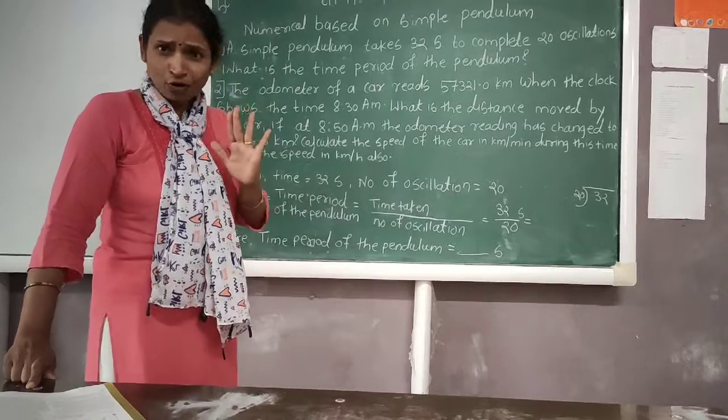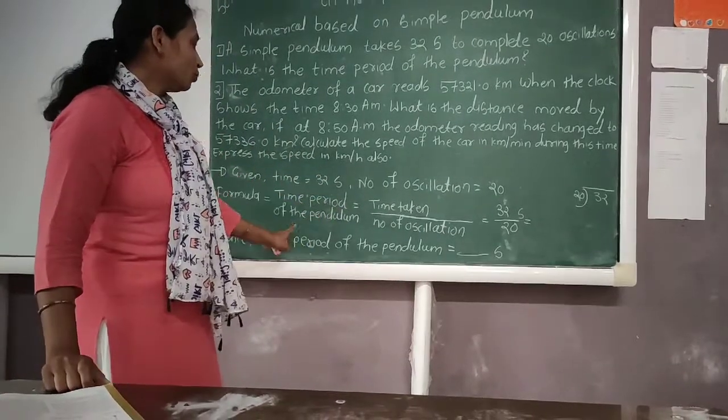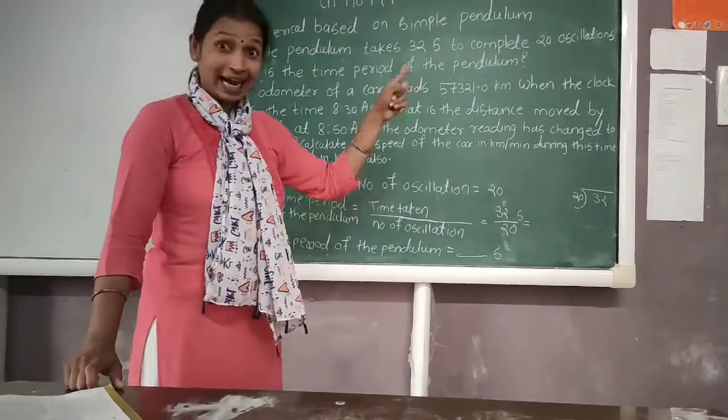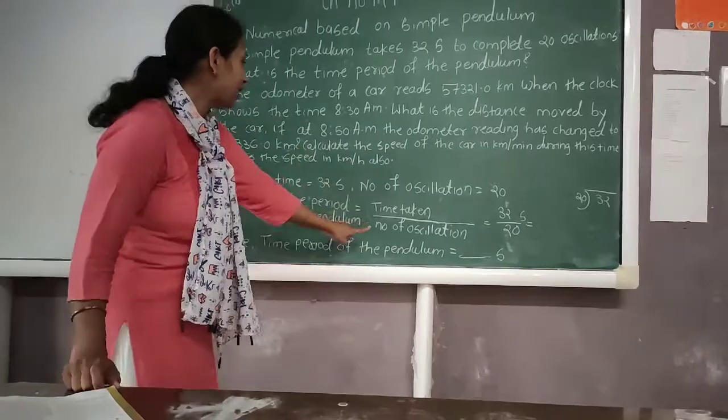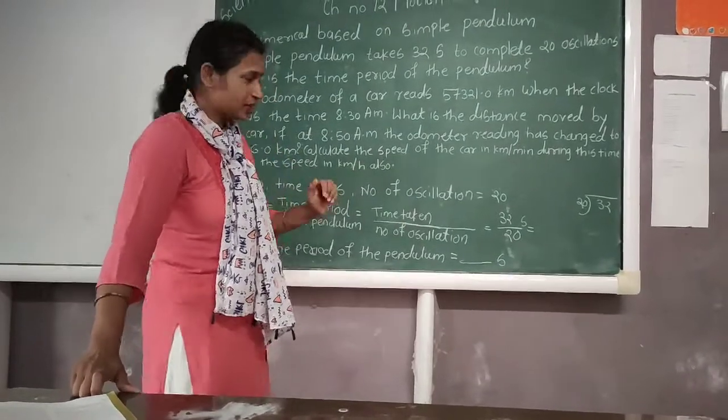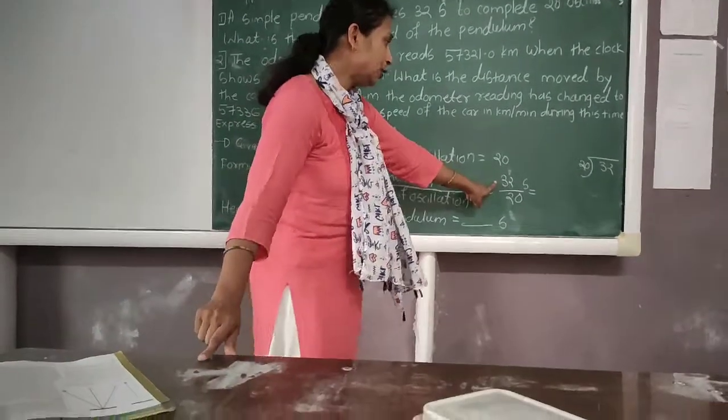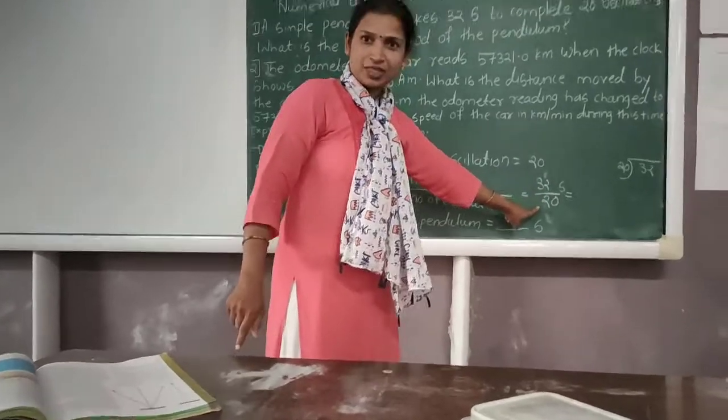Now we are supposed to calculate the time period of the pendulum. We know the formula: time period of the pendulum is equal to time taken divided by number of oscillations. Time is 32 seconds and the number of oscillations is 20.